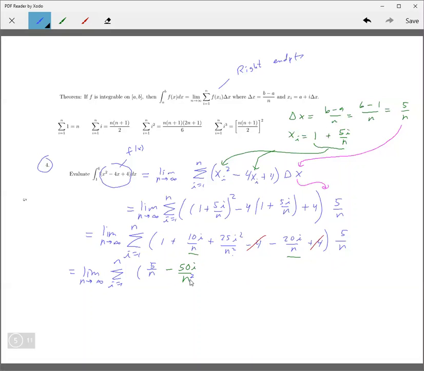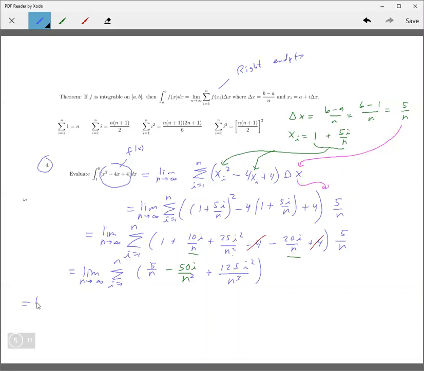Then we have 25 times 5, that's 125 i squared over n cubed.